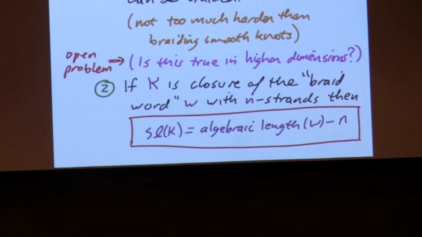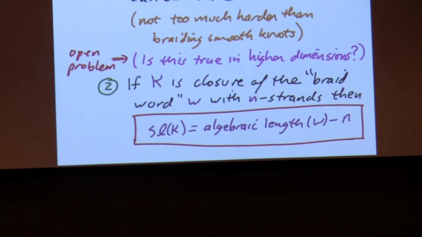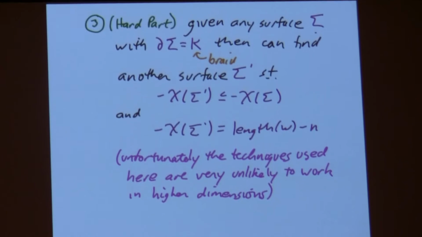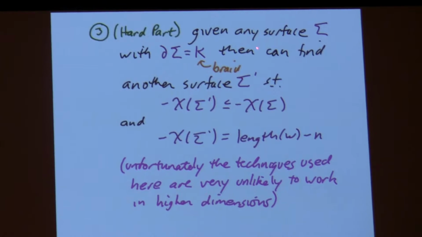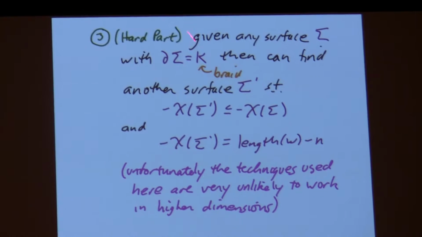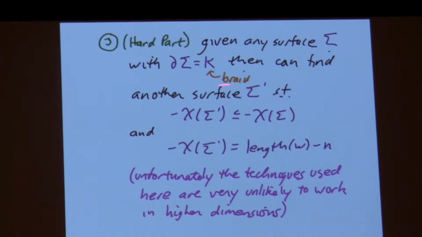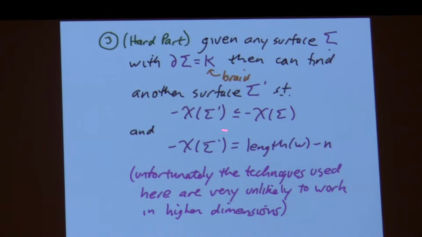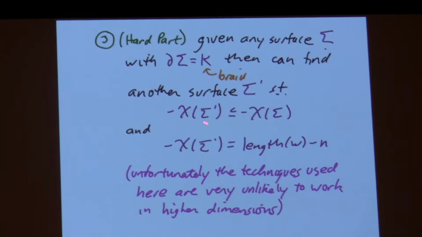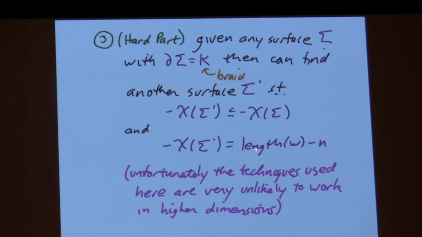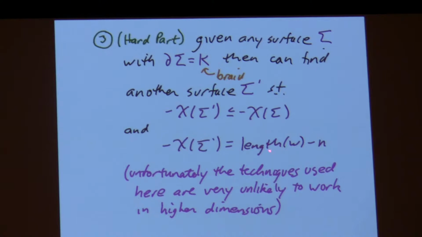OK, so these two are fairly simple results in dimension 3. It'd be great to have something similar in higher dimensions. So the hard part of Bennequin's result is that given any surface for your transverse knot, you can find another surface that has Euler characteristic less than or equal to the original surface, and such that that surface has just the length of W, not the algebraic length, but the length of W minus n.